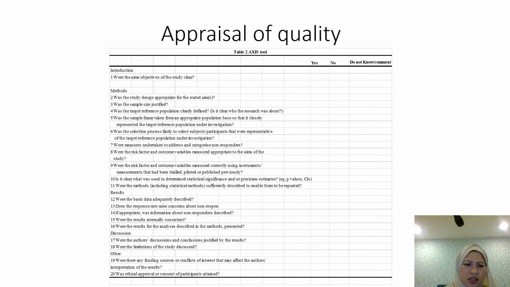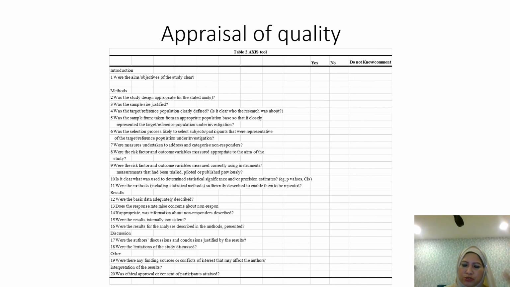Just to take note, the ROSES protocol involves several stages. From Google Scholar we have around 100 articles, and from Web of Science and Scopus we have around 300.